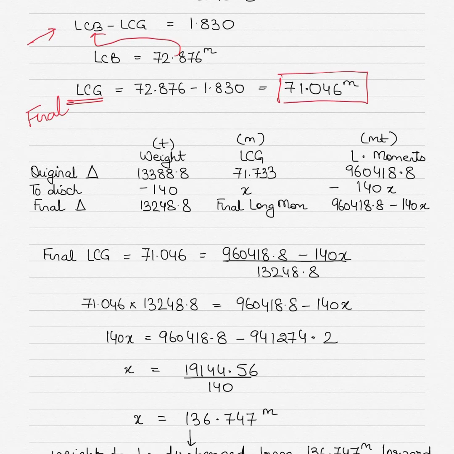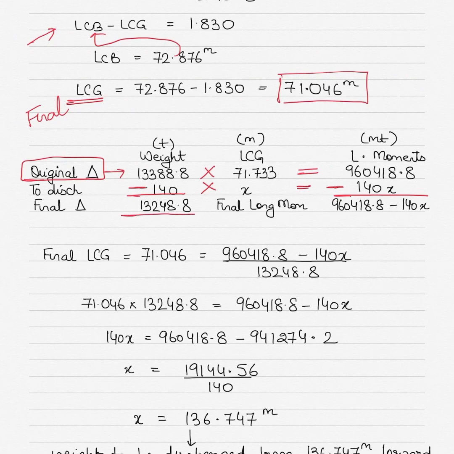To find out where the weight will be discharged from, you take your original displacement of fresh water and your initial LCG, and multiplying the initial displacement by LCG will give you the longitudinal moment. Then you have to discharge 140 tons from an unknown distance, which is x, which will give you 140x. Because you are discharging, you subtract it from the longitudinal moment.